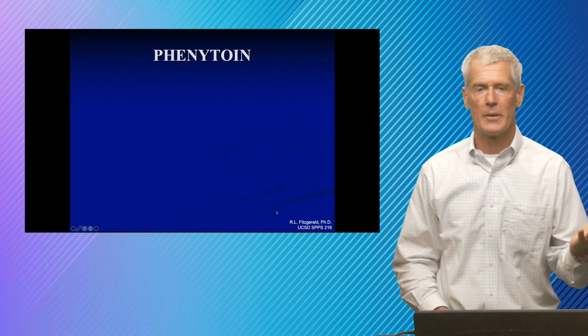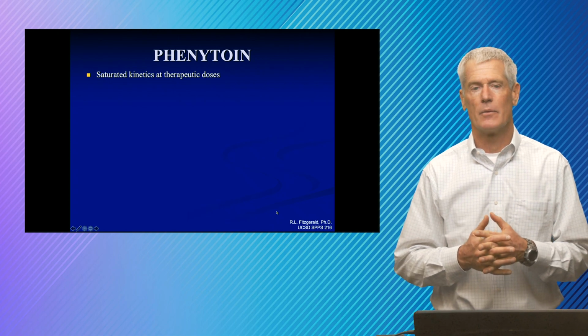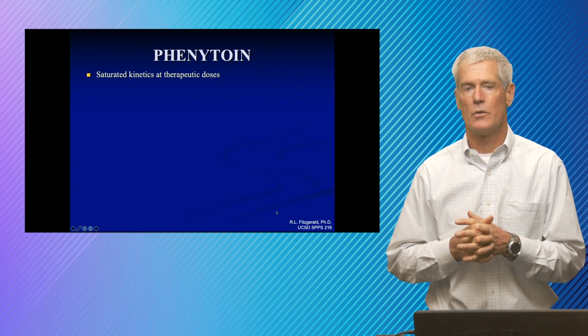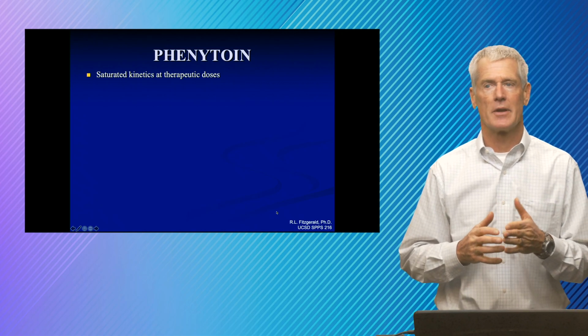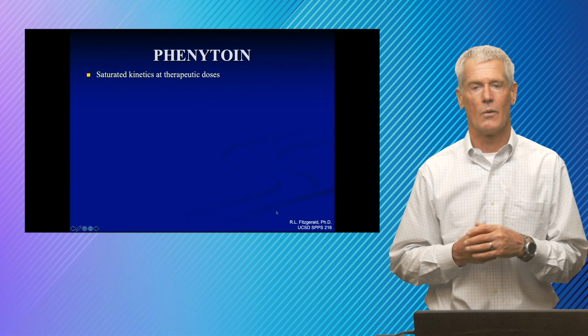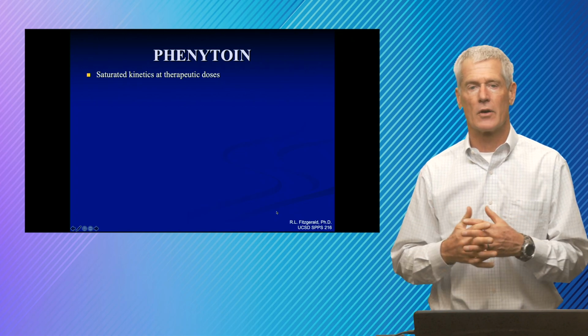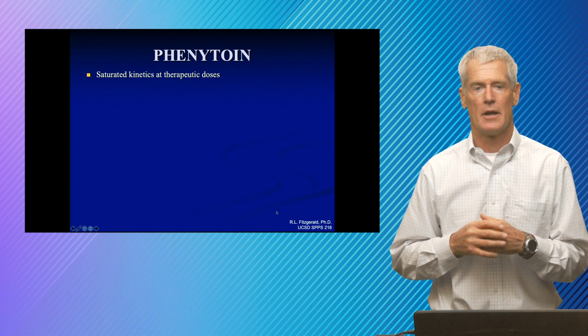So jumping into the anticonvulsants, Dilantin or PHENYTOIN is subject to therapeutic drug monitoring primarily because it has saturated pharmacokinetics at therapeutic doses. So linear pharmacokinetics mean you double the dose, you double the concentration.